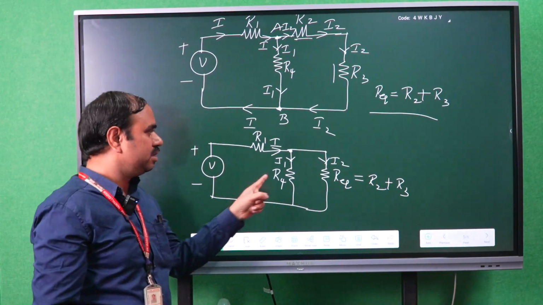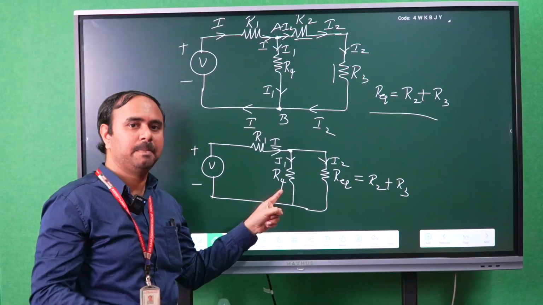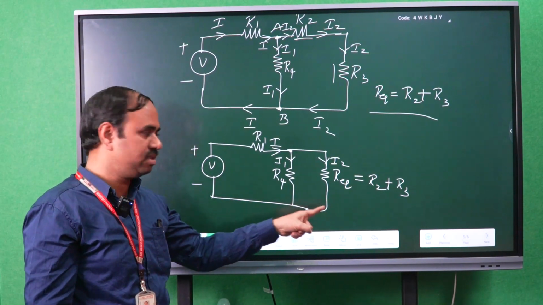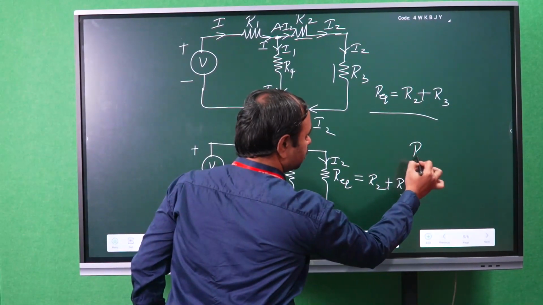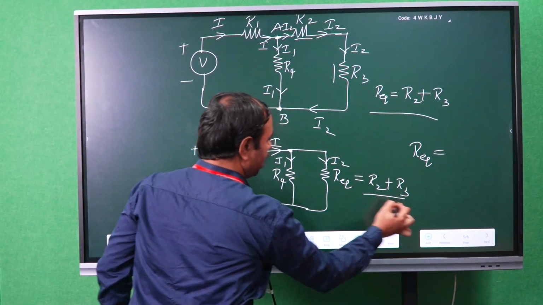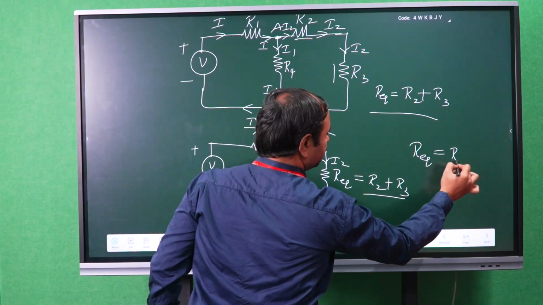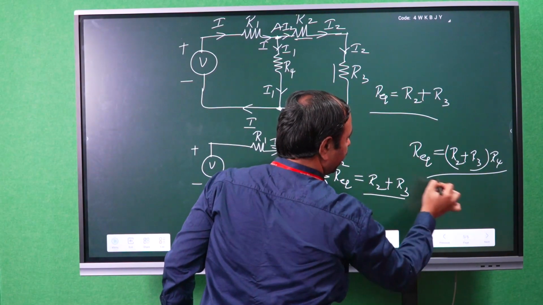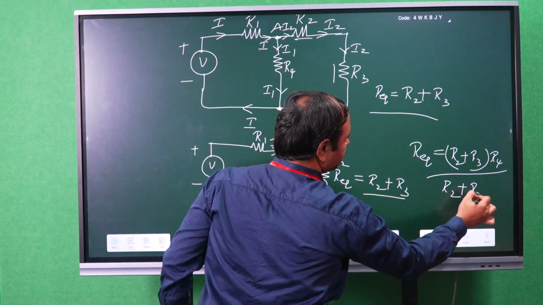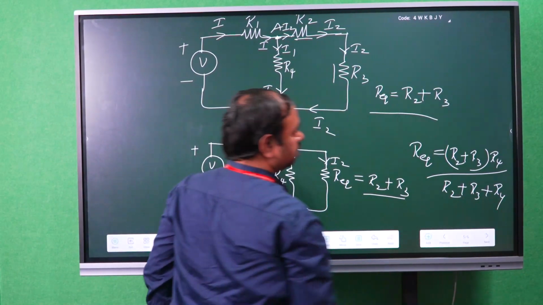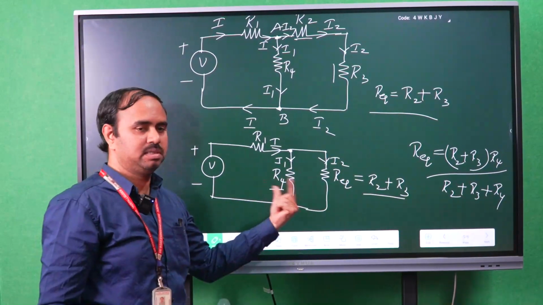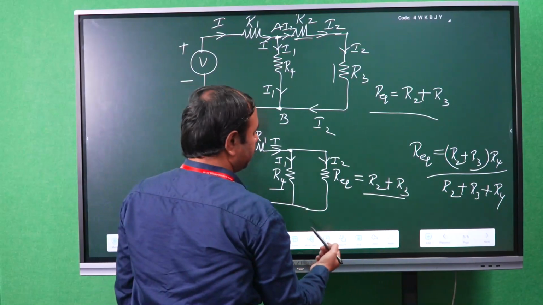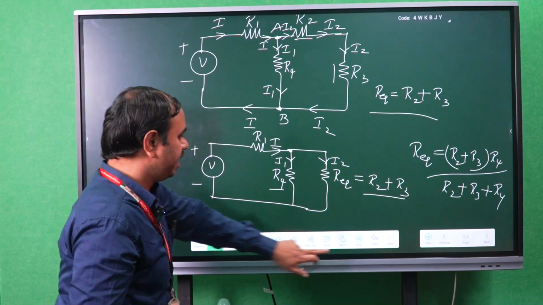So these two resistances are connected in parallel. That means R equivalent becomes, you multiply these two, that is R2 plus R3 into R4, by R2 plus R3 plus R4. So multiply these two resistances and add those two resistances. Later the circuit will be modified like this.